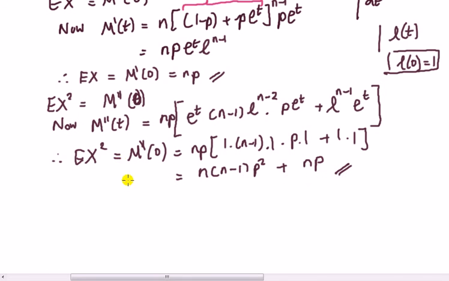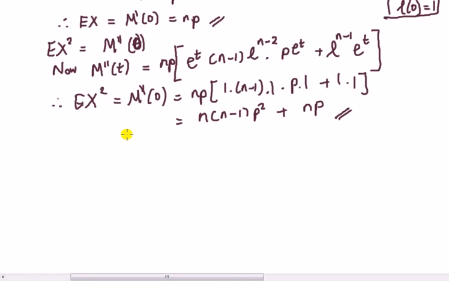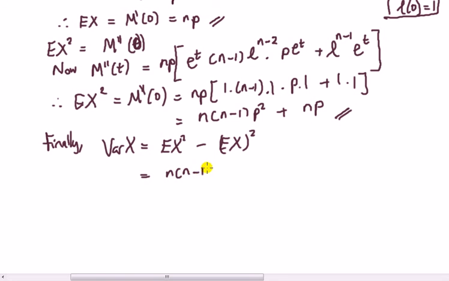Now we haven't finished, because we're after the variance, right? After that long slog, you might think you're across the finishing line, but no, you haven't finished yet. Finally, the variance of X is equal to the expected value of X squared, the second moment, minus the first moment all squared. Substituting what we found, that's n minus 1 times p squared plus np minus the first moment all squared, n squared p squared.